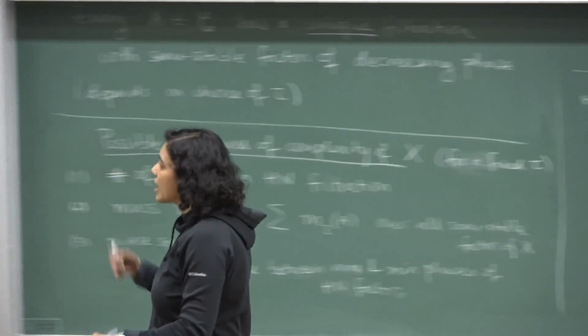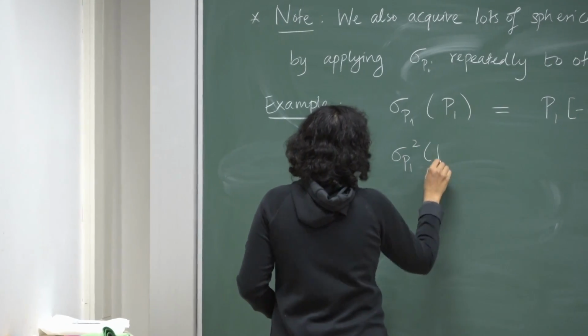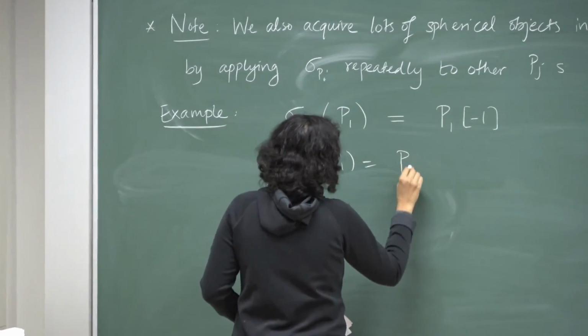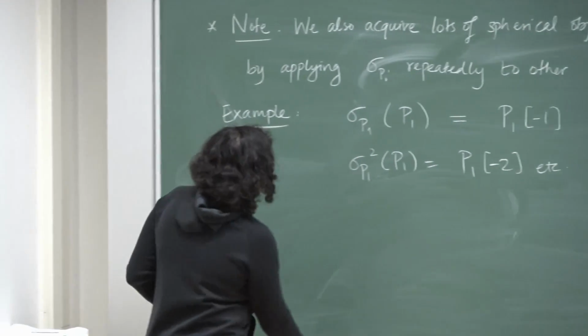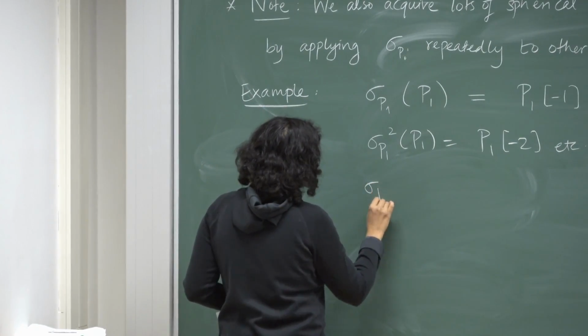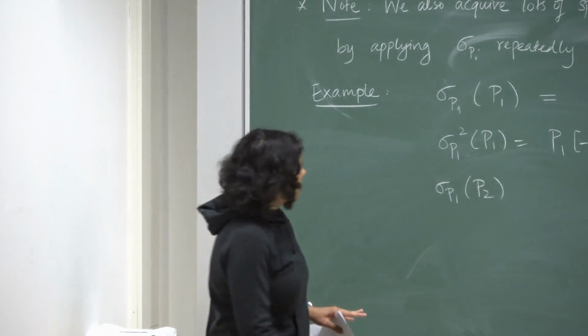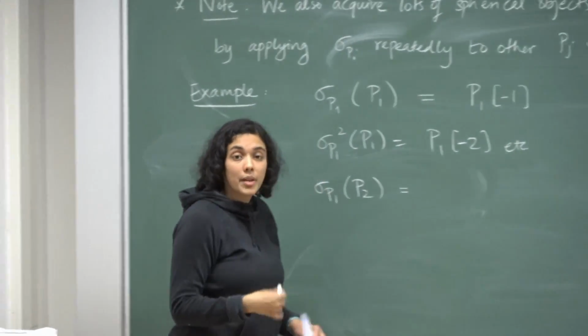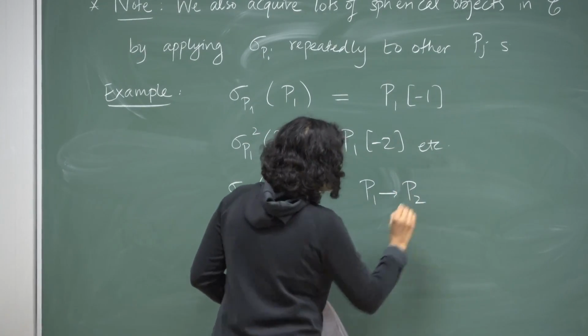And if I keep iterating, I'll just keep shifting. Okay, so not very interesting maybe. And now if I apply it to P2, I get something interesting. I get a complex that looks like this.